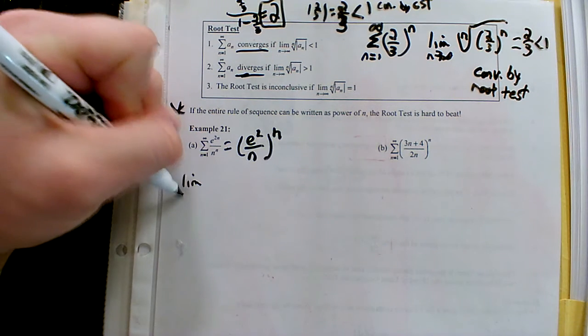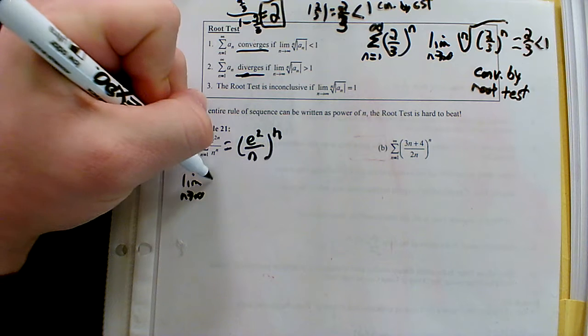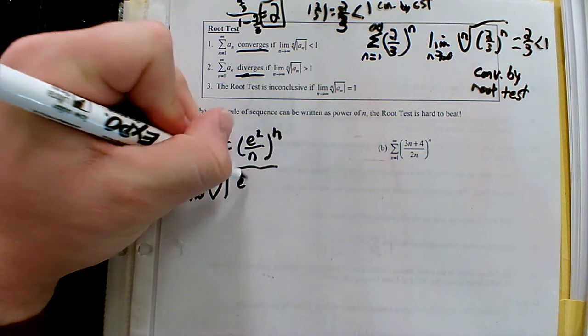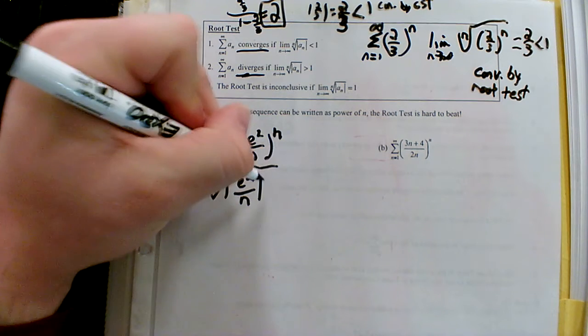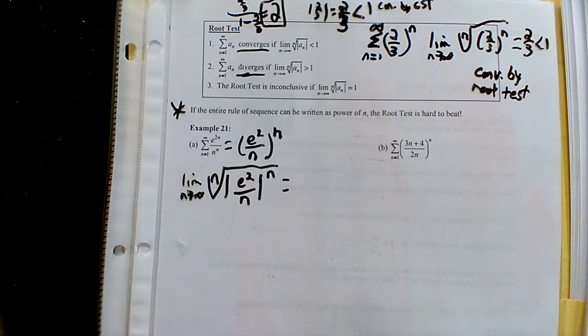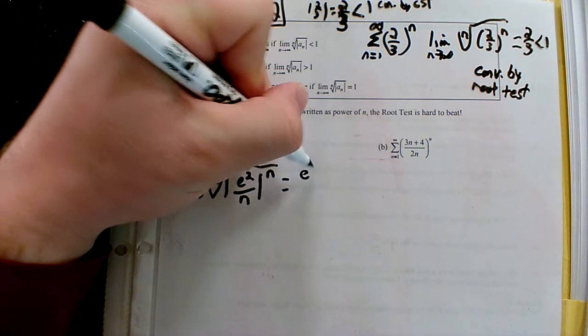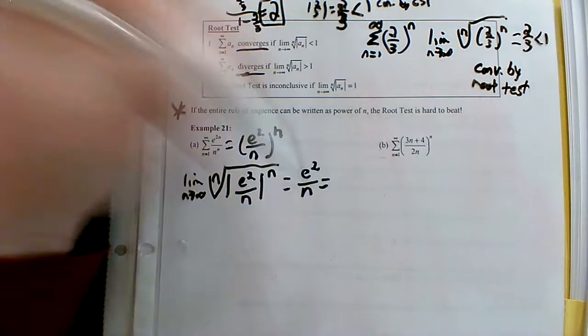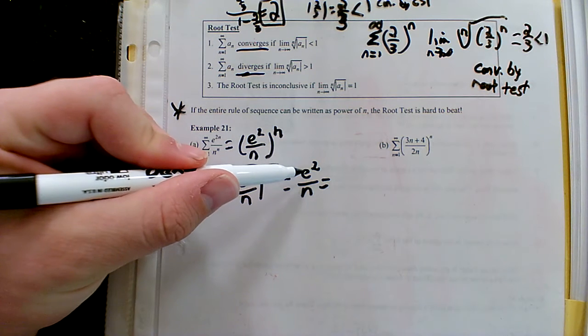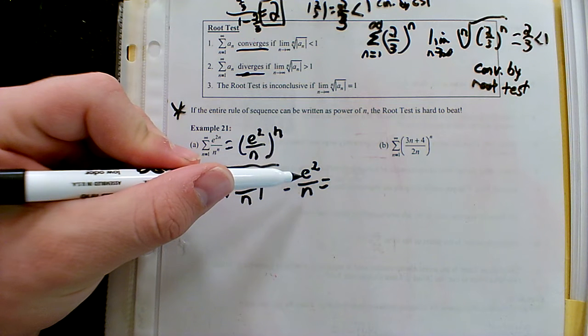So we're going to take the limit of the nth root of the absolute value of (e squared over n) to the nth power. If you take the nth root to the nth power, that's going to go away, and we're just going to be left with e squared over n. So if you take the limit of e squared over n, is the top continually growing?